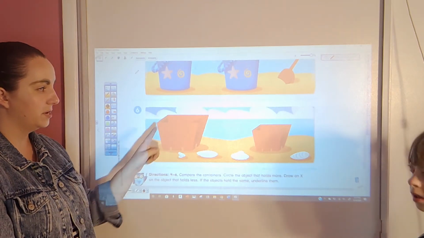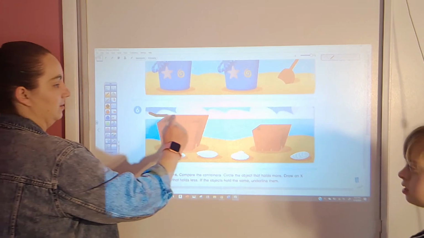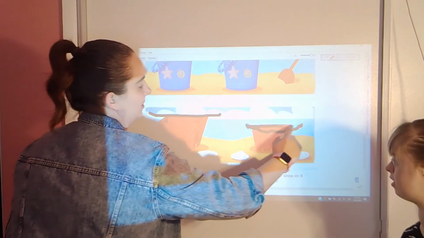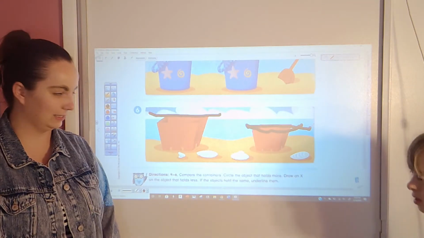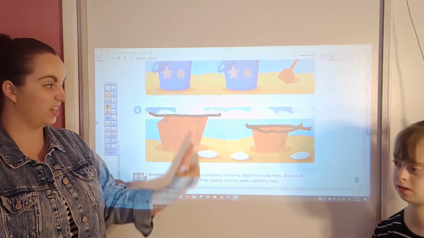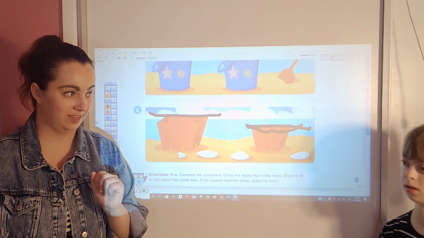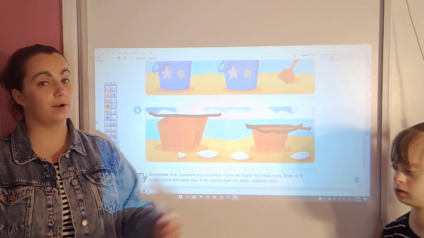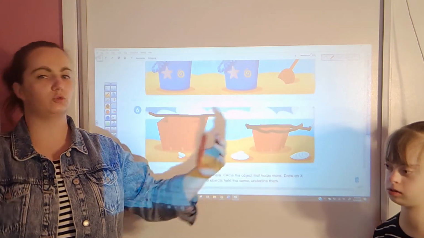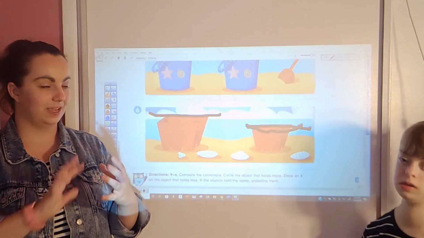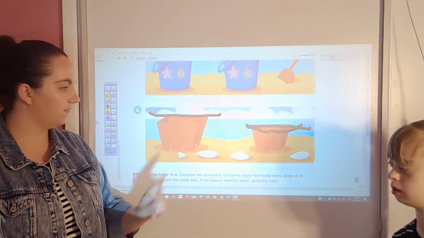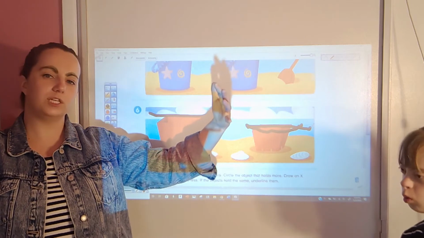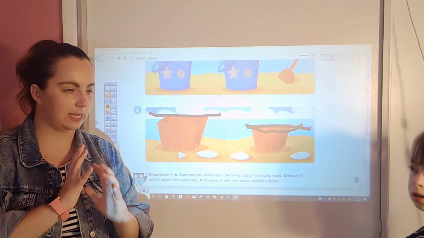I think they're different heights. Right here. Oh, well, kind of. Different heights. These buckets look like different sizes. Since they're different sizes, we need to find out which one holds more and which one holds less. So make sure you think very carefully which bucket would hold more sand and which bucket would hold less sand.